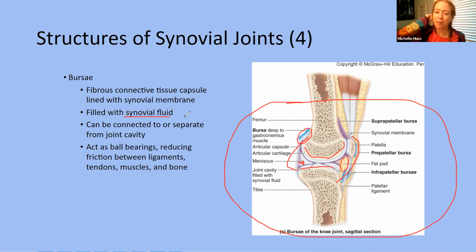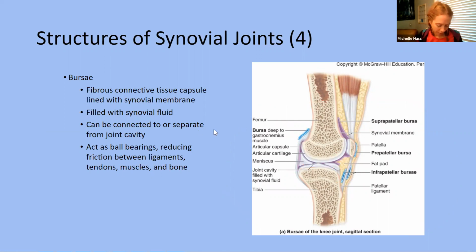If somebody says, oh, I have tennis elbow, it's actually bursitis. So this thing gets inflamed because of too much moving around, okay? So bursa are in joints that move a lot, like your elbow and your knee have bursa. Anything else?